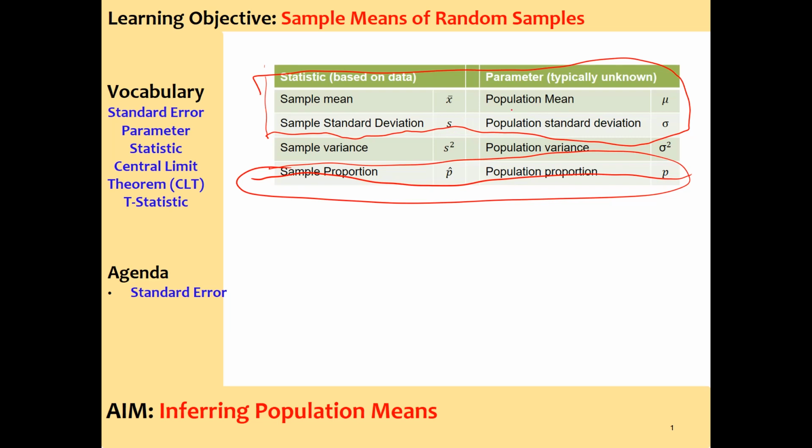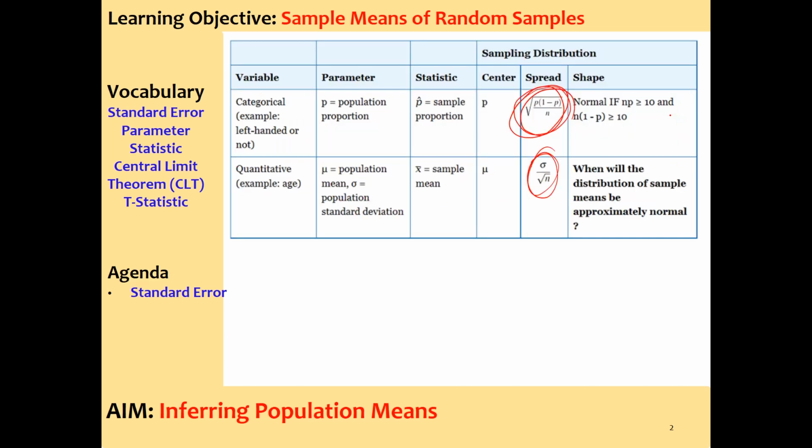And when we talk about the population mean and the population standard deviation, we're going to use the Greek letters mu and sigma. So just a reminder that there is a difference in the notation that we use when we're talking about that stuff.